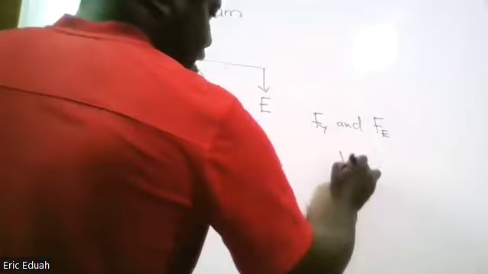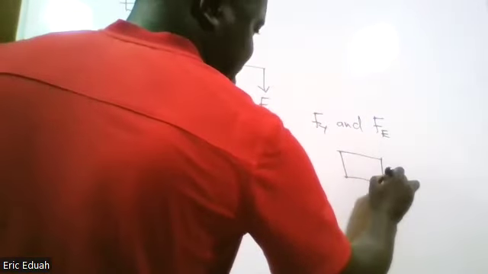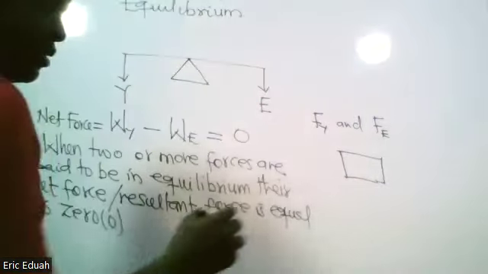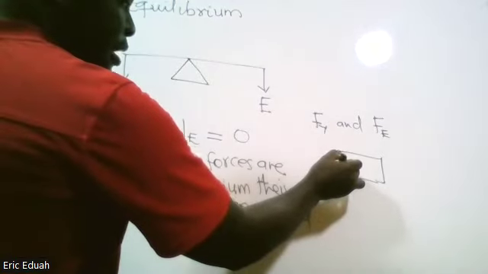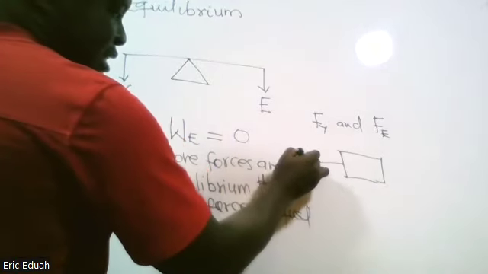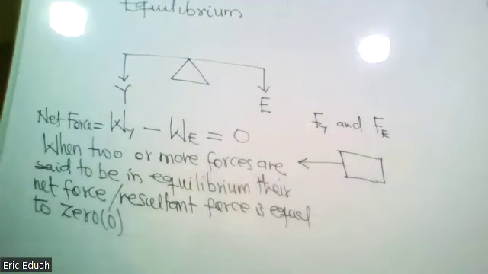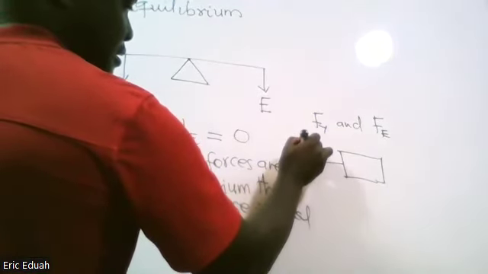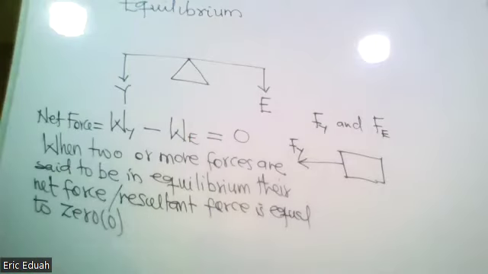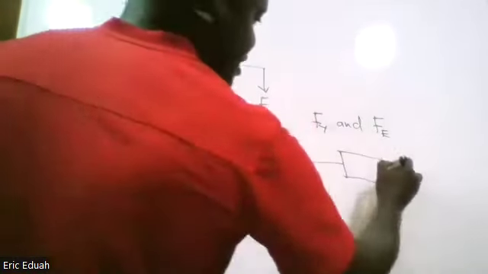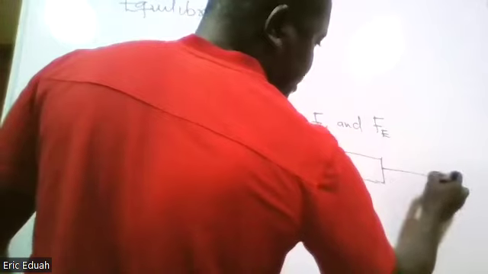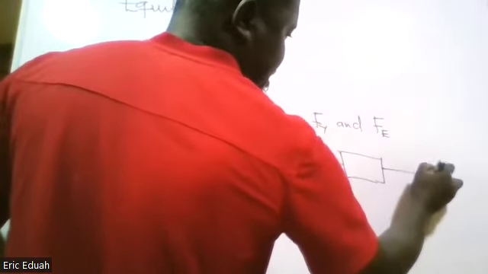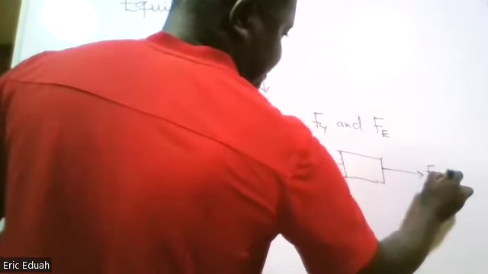So if this is the body, force Yasmin is acting due west. Fy. Force Elizabeth is acting due east. Fe.